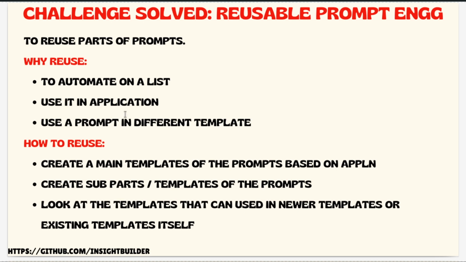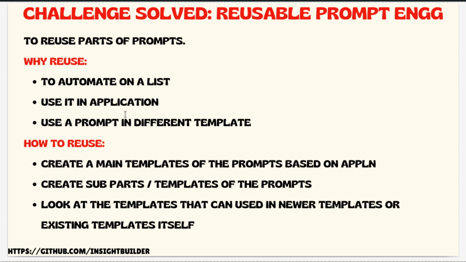You can use it in an application if you are going to change it regularly. If you are going to get the input from someone and that is going to change the prompt, then the prompt template is very, very useful. And you can actually create parts of the prompt and reuse the parts of it. So you'll be seeing how it works.